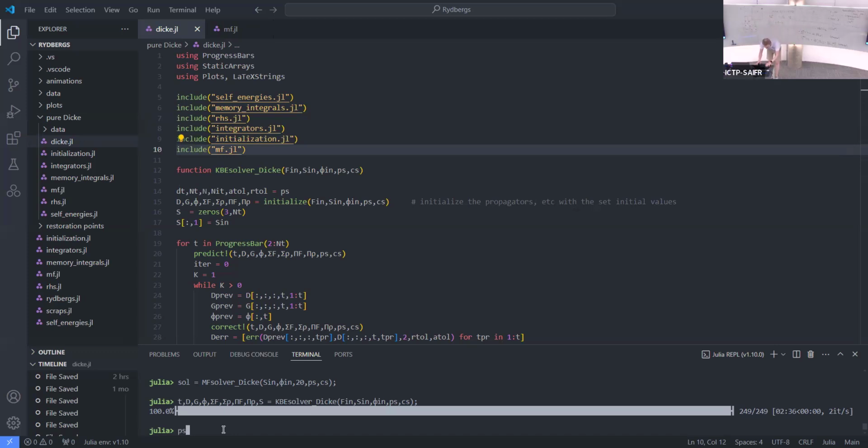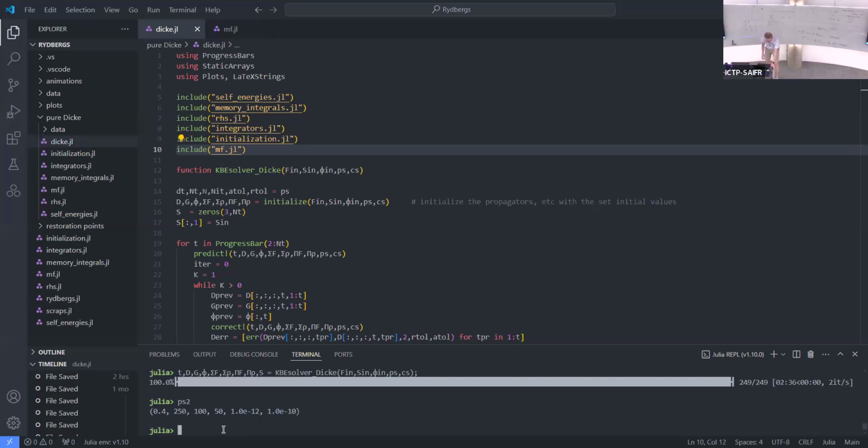So let's check something. For instance, these are the parameters. I measure my times in units of the cavity frequency, omega naught. My delta T is kind of coarse, 0.4. We have N equals 100.